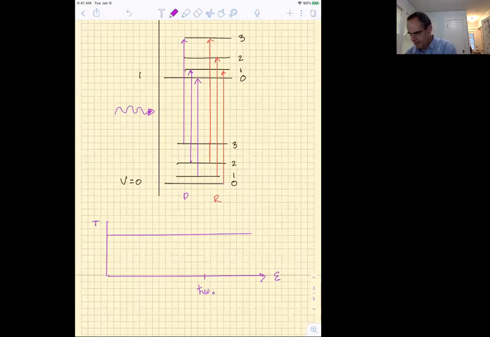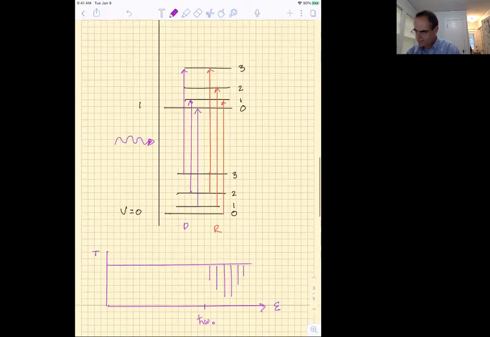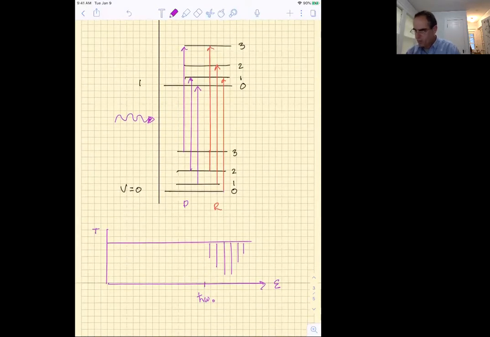Okay? So we might see an absorption line at an energy slightly higher than h bar omega naught. Like so. Or we could see transitions at energies that are slightly lower than h bar omega naught.